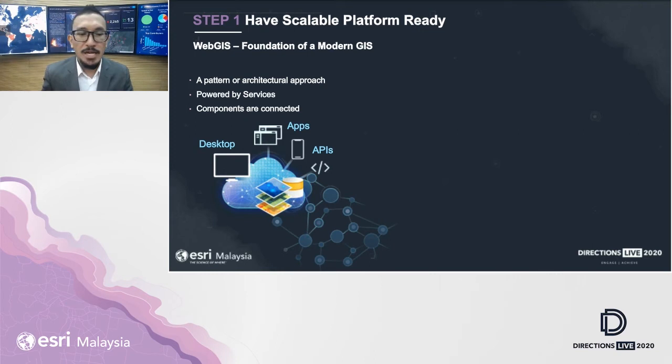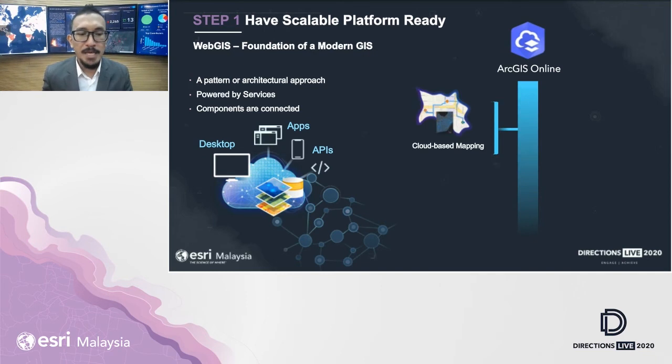ArcGIS Online is one of the key components of the WebGIS platform, and it is a comprehensive cloud-based mapping platform that enables you to make and share maps and applications easily, as well as facilitate self-service mapping for making fast and better decisions during the disaster.